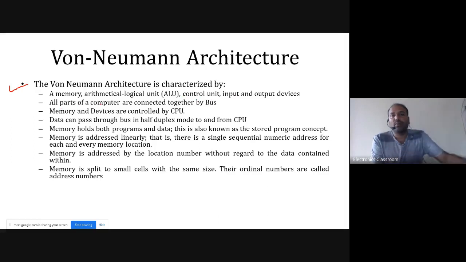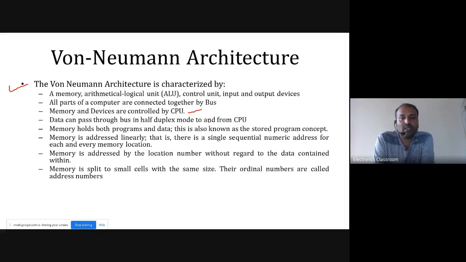All parts of the computer are connected together by a bus. Memory devices are controlled by the CPU, so any memory device can be controlled by the CPU. Data can pass through a bus in half duplex mode to and from the CPU.